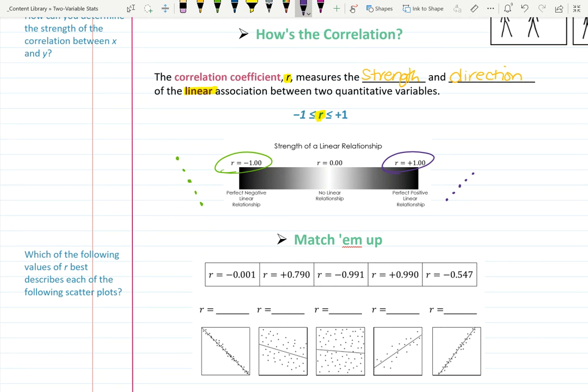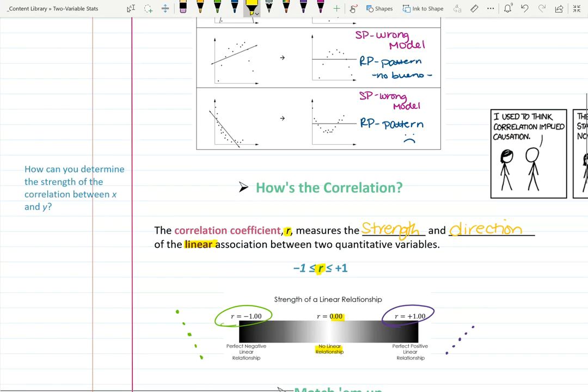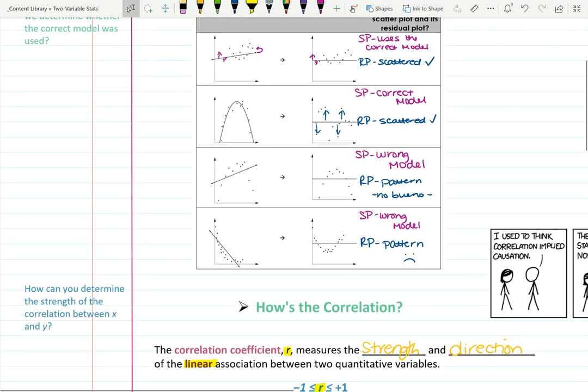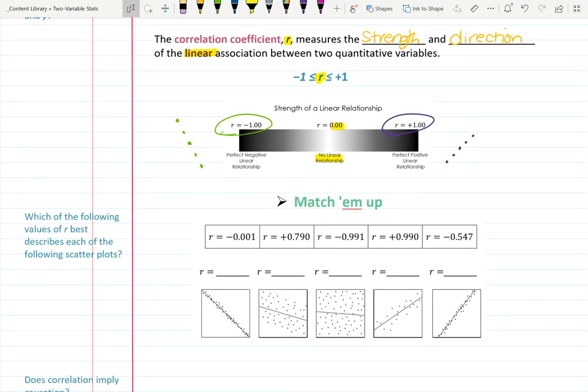The stronger it is, the closer it is to +1. 0 just means there is no relationship. It is just a hot scattered mess. Correlation coefficients are not used with a residual plot. We're talking about the scatter plot. Does our scatter plot have a linear pattern? And if it does, how strong is that linear pattern?